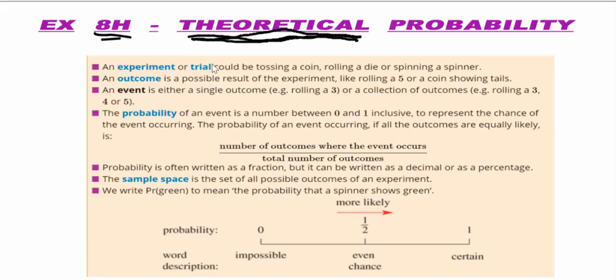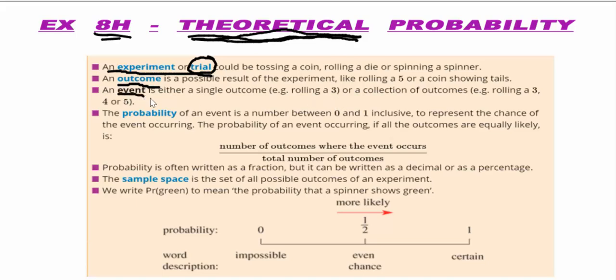So a few things that you need to note down on your note-taking sheets. What an experiment or a trial is, which could be tossing a coin, rolling a die, or spinning a spinner. I often refer to it as a trial, but make sure you know both words, they're interchangeable. An outcome is a possible result of the experiment, like the outcome of rolling a 5, or the coin when you throw it showing tails.